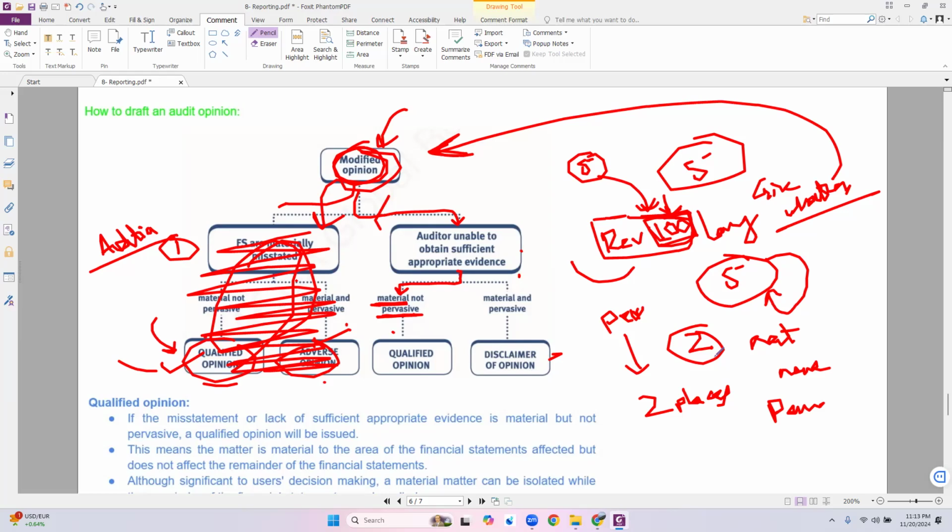So if you were not able to get sufficient and appropriate audit evidence regarding an amount that was material but not pervasive, you give a qualified opinion. Okay. So even though it's material, you are not able to get enough evidence on it, then you give a qualified opinion, but it should not be pervasive, so it doesn't affect more than two places.